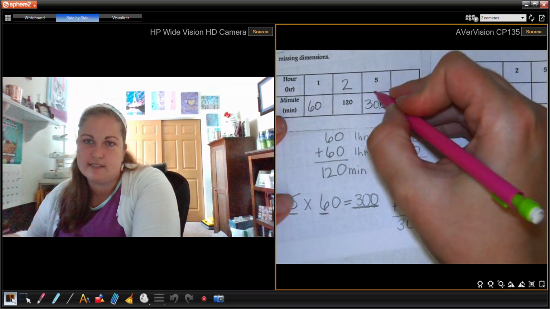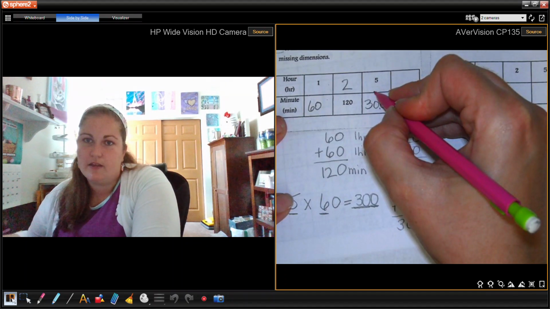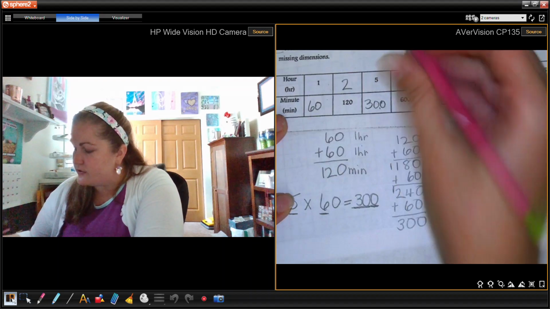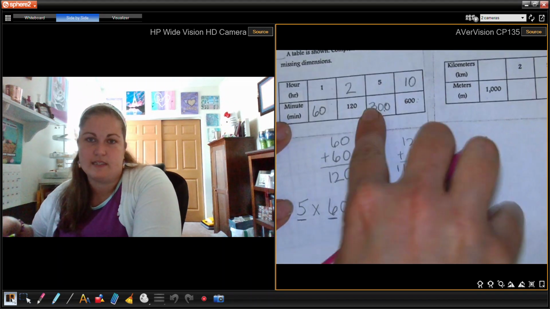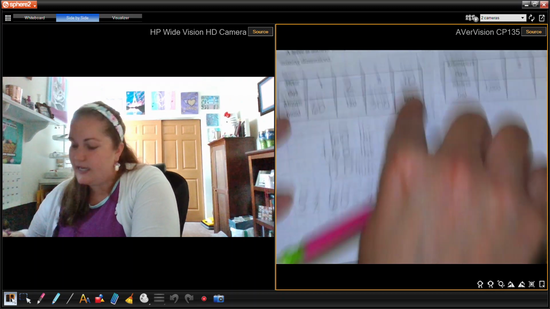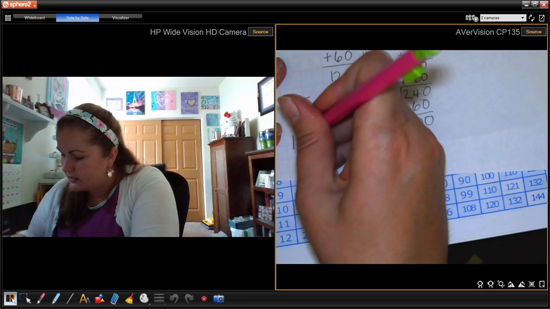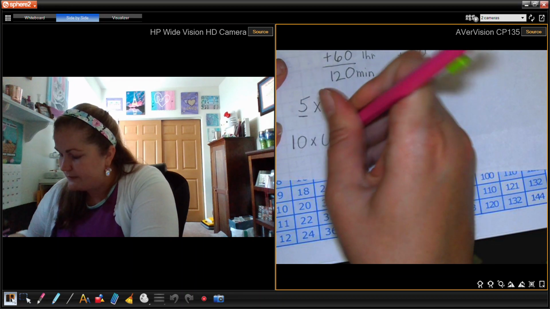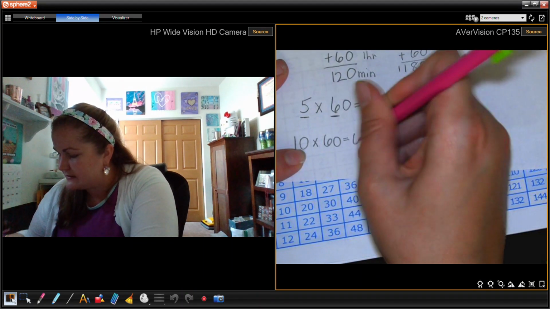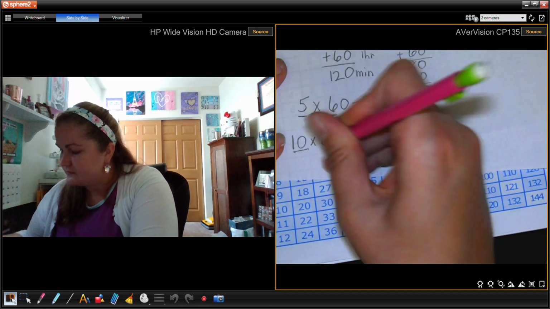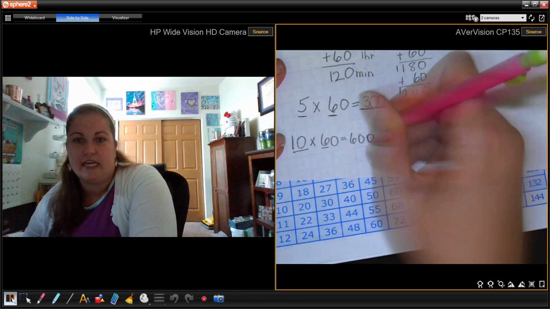So if I double this many hours, then I could figure that out. So 5 doubled is 10. Okay, and that works because that's the same relationship there. I could always just double check 10 hours times 60 minutes. Well, 10 times 6 is 60. And then annex that 0 to make it 10 times greater.